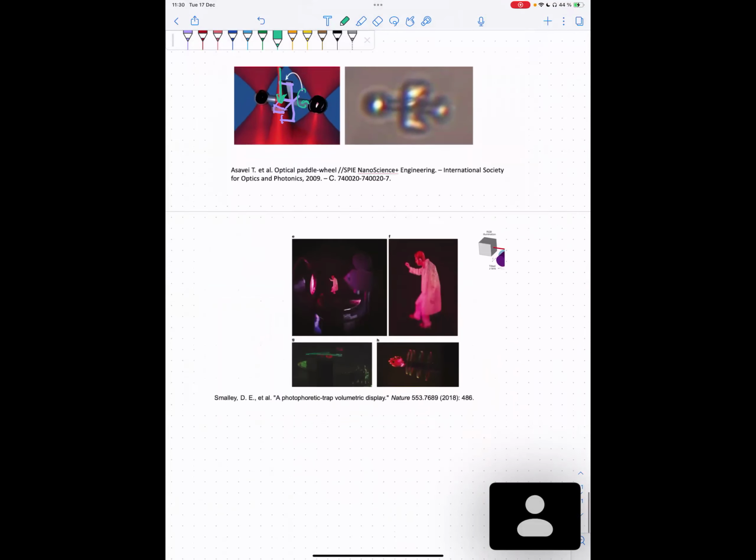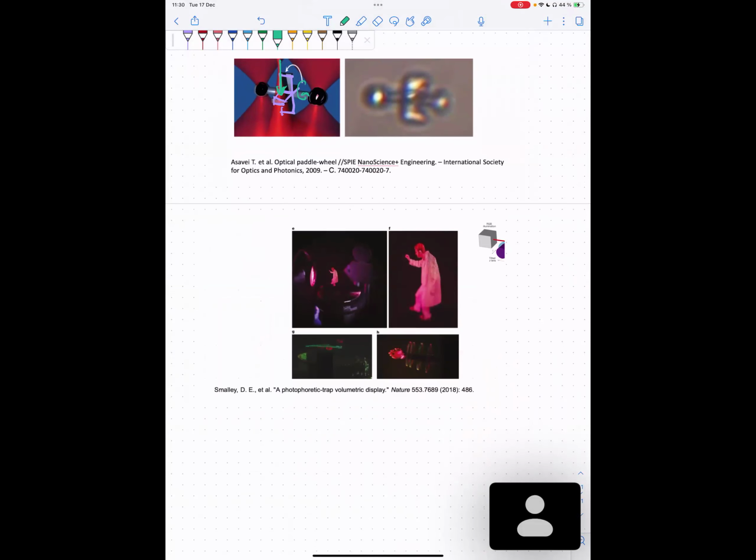Here, the authors made a holographic display using optical tweezers. They were moving the particle with the tracking beam of an optical tweezer, and this creates this three-dimensional image. So something like this. Do you have any questions?